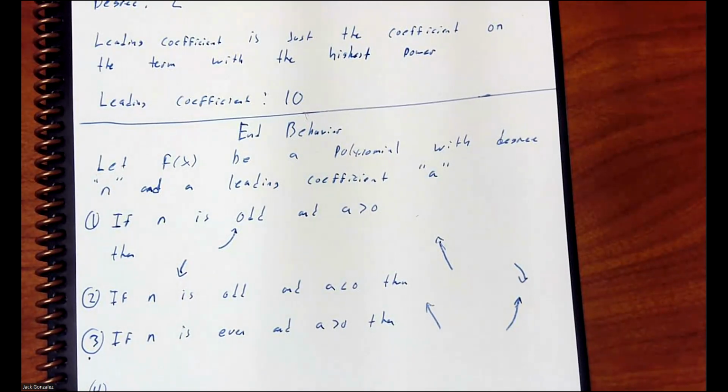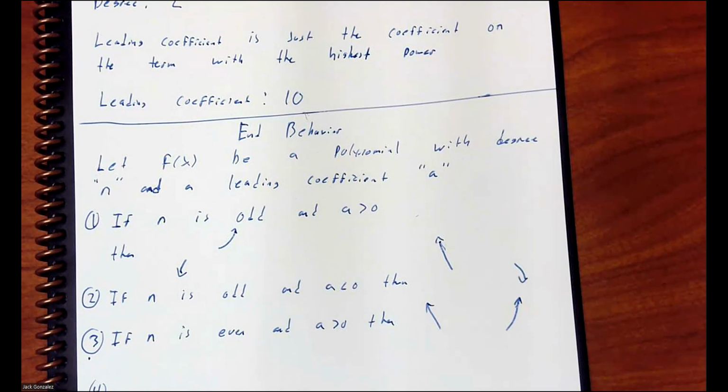Basically what I'm saying is, let's say you have some weird function with something going on. There might be a bunch of stuff happening, right? But I know that at the end, if n is even and a is positive, I'll have these going up. I don't know what happens in the middle.